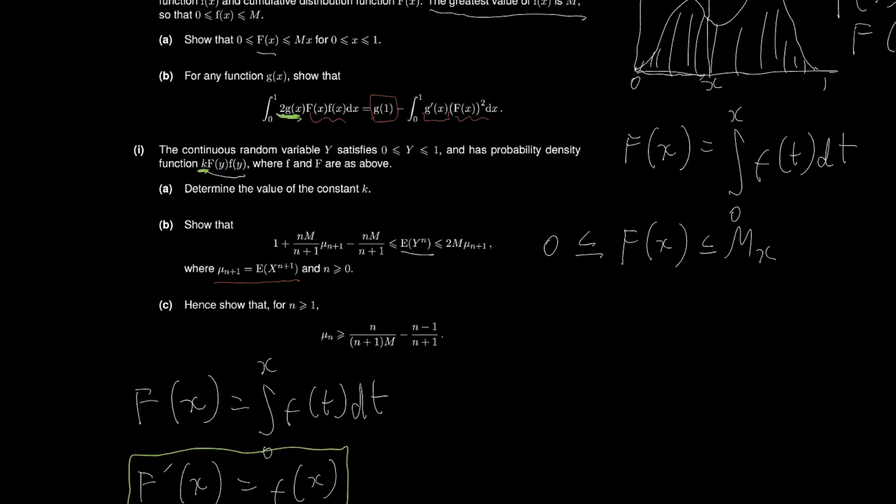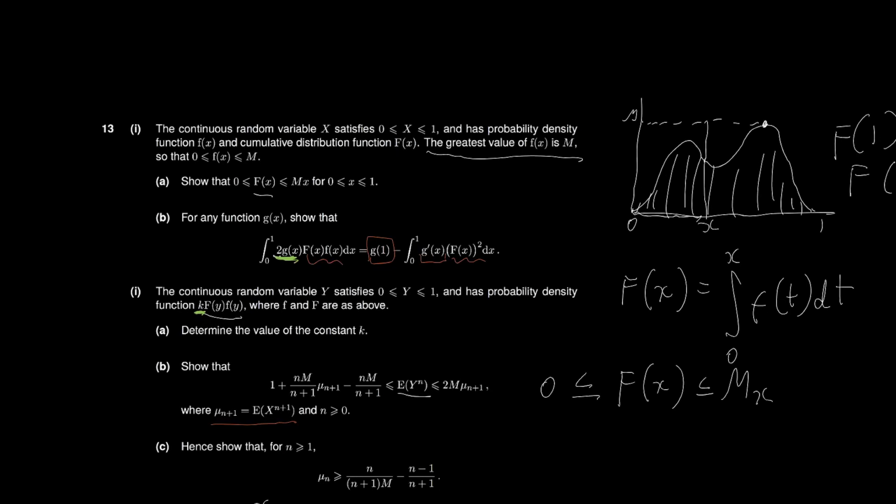Now, let's have a think. If we go back to the very start, we have this expression that we showed: the cumulative distribution function is less than or equal to mx for all x between 0 and 1.